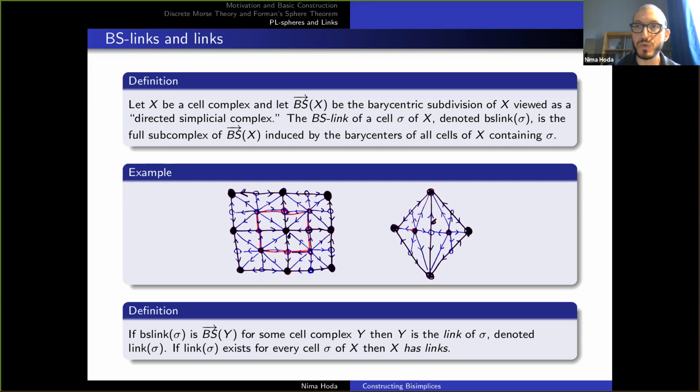And you could plug that 5-dimensional sphere with a 6-dimensional cell.